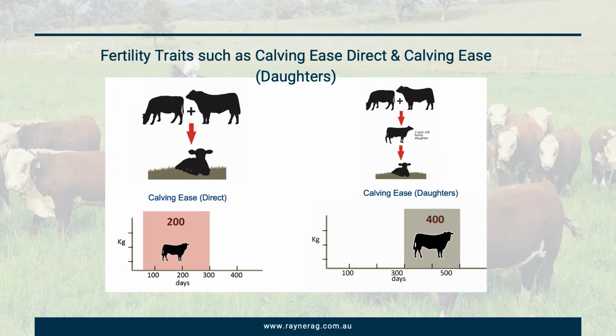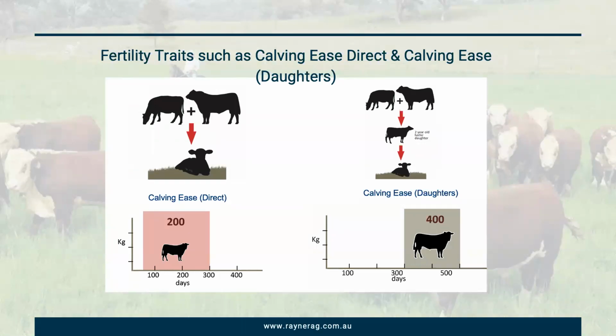Calving ease on daughters looks at calving ease measured in those 2-year-old heifer daughters when they have their own calves. So direct calving ease is how easy the calf is going to come out of that cow after the bull's been joined, and calving ease on daughters is how effectively those replacement heifers are able to calve unassisted as a result of the genetics we've used.